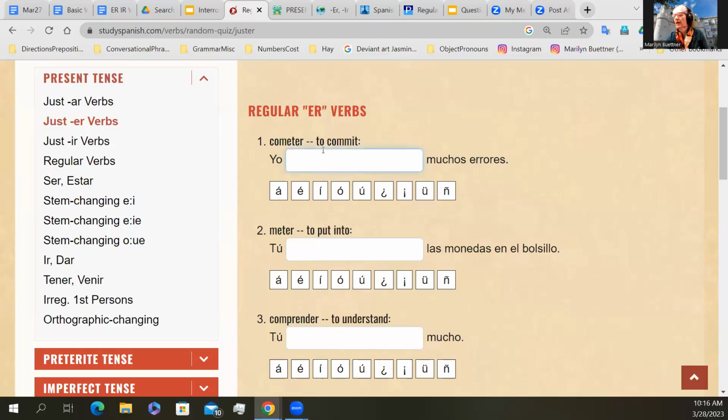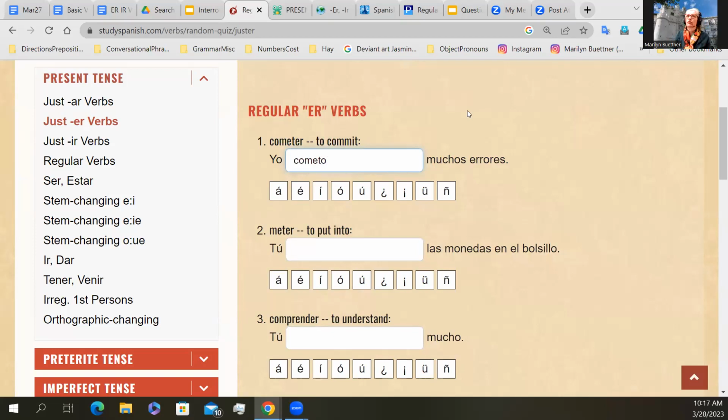Okay. Cometer looks kind of like commit, and it does mean that. And this is a verb that we often use to say making mistakes. This is the make mistakes verb. If we take cometer and we want to say, I make a lot of mistakes, it will become yo cometo.